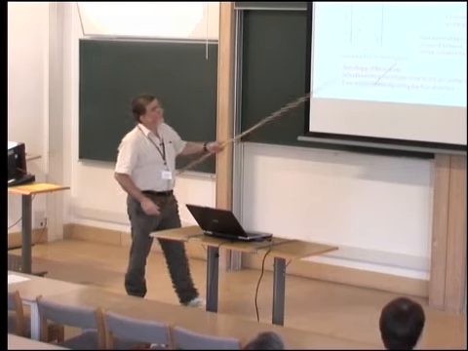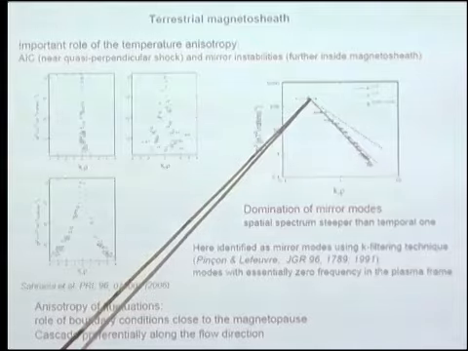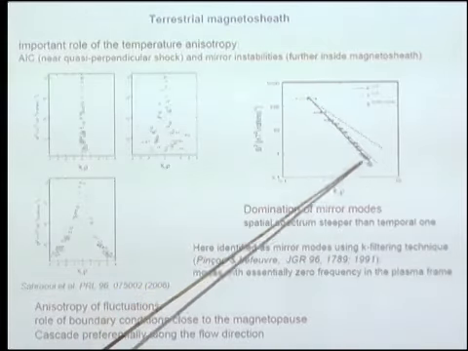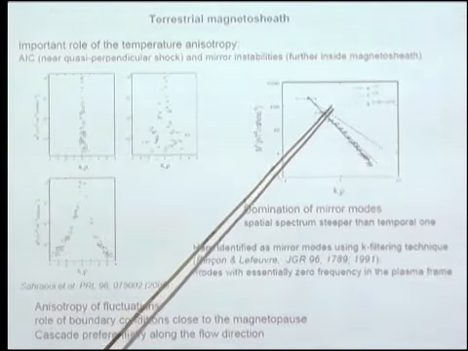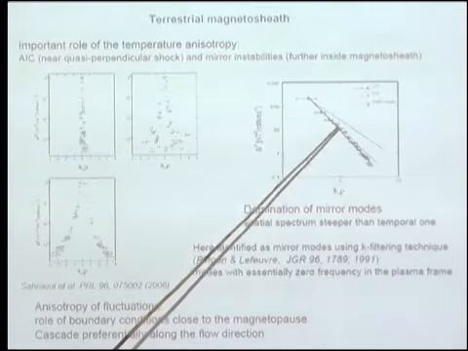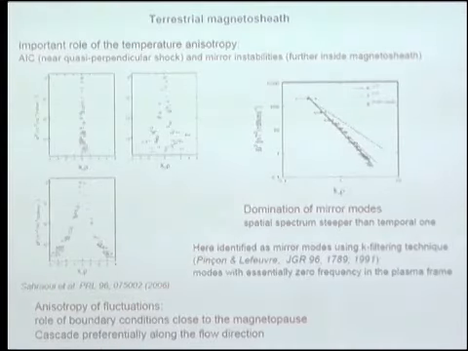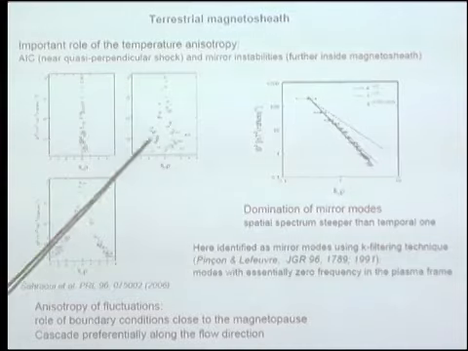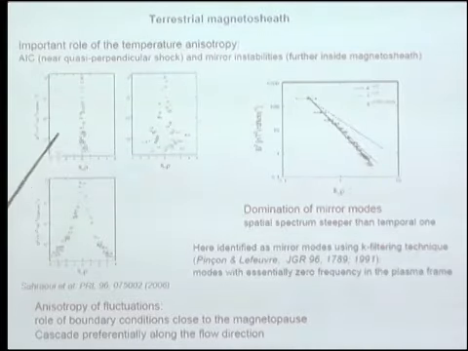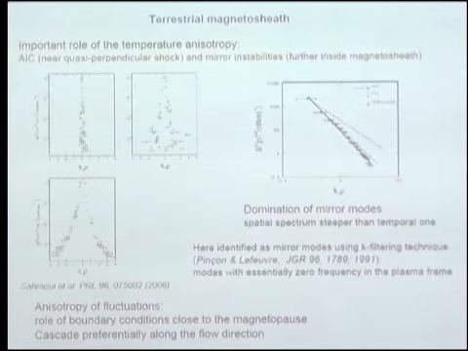So interestingly, then you find that in the regions where all these modes seem to obey this power law, they are identified as mirror modes, and they are damped. So obviously there is a signature of nonlinearity here, and of a certain kind of cascade. And if you look at the distribution of energy along different directions, you really see that it's very anisotropic, and it's linked to the fact that the magnetosheath is actually not a very big system.